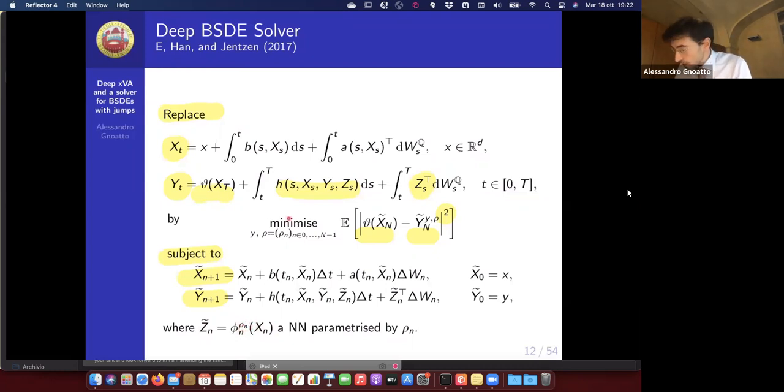So the minimization now runs over the initial value of the BSDE and over all the weights and biases of all the neural networks that parameterize your control. This is the idea: turn your forward-backward SDE into a stochastic control problem.